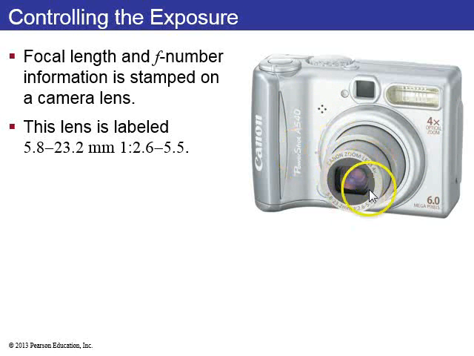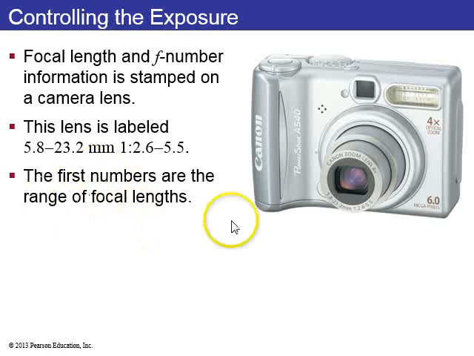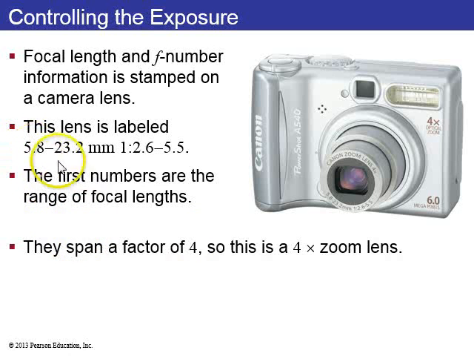So in a real camera with a zoom lens, we have multiple lenses all acting together to create an effective lens with some effective focal length. And as you change the distance between all these intermediate lenses, you change the focal length to be, for this camera, anywhere between 5.8 millimeters up to 23.2 millimeters.